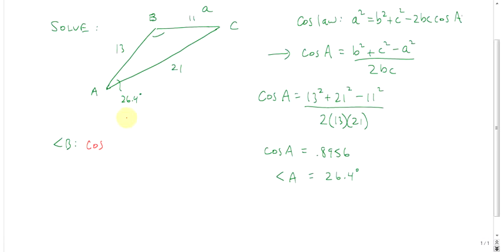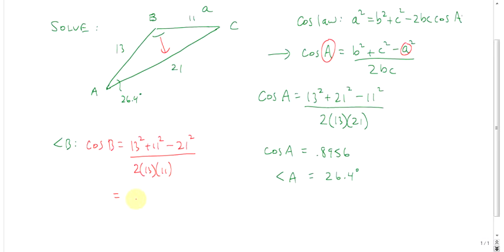So the cosine of angle B is, okay, I can have 11 and 13, it doesn't matter where, but this is the opposite, that has to go minus on the end, right? So that's the side opposite B. These guys have to be opposite. All over 2 times 13 times 11, okay?